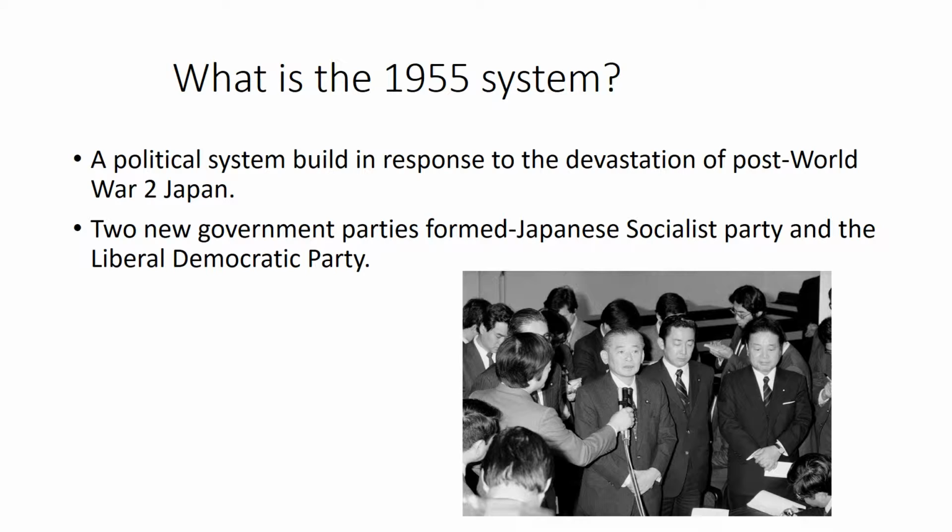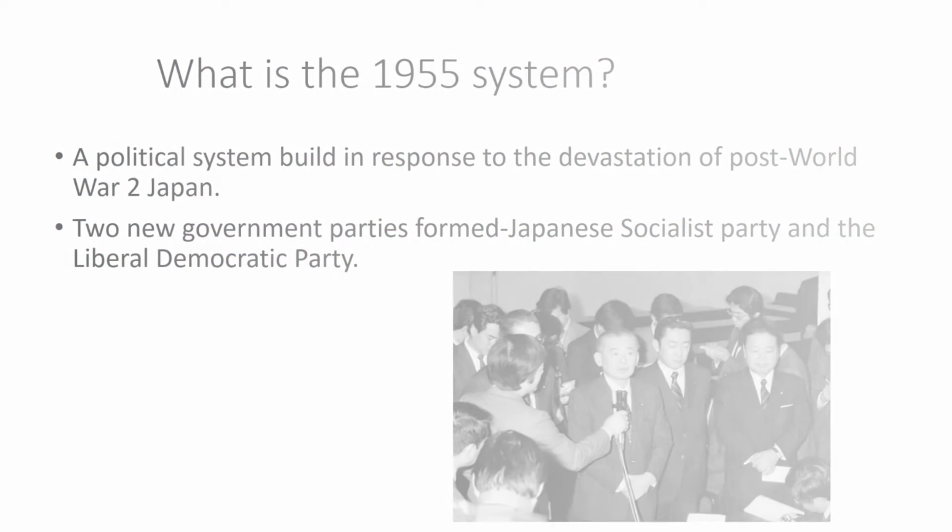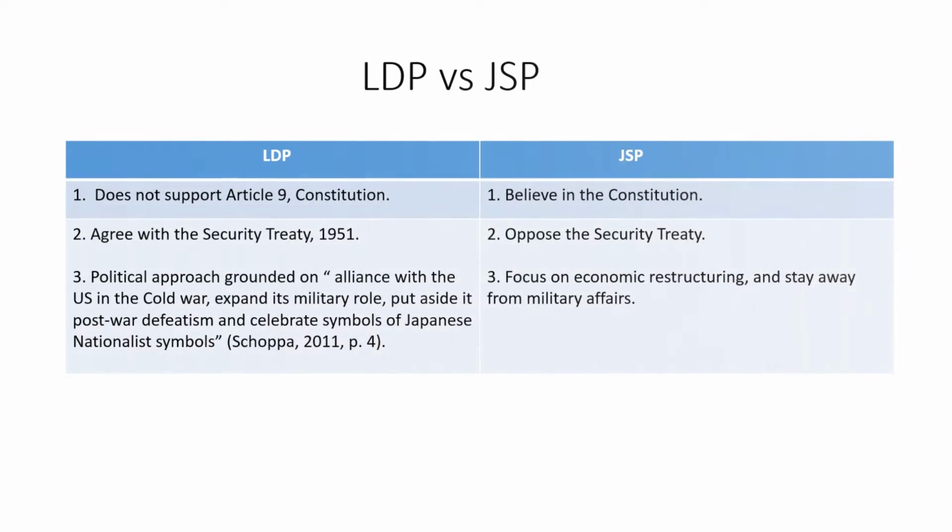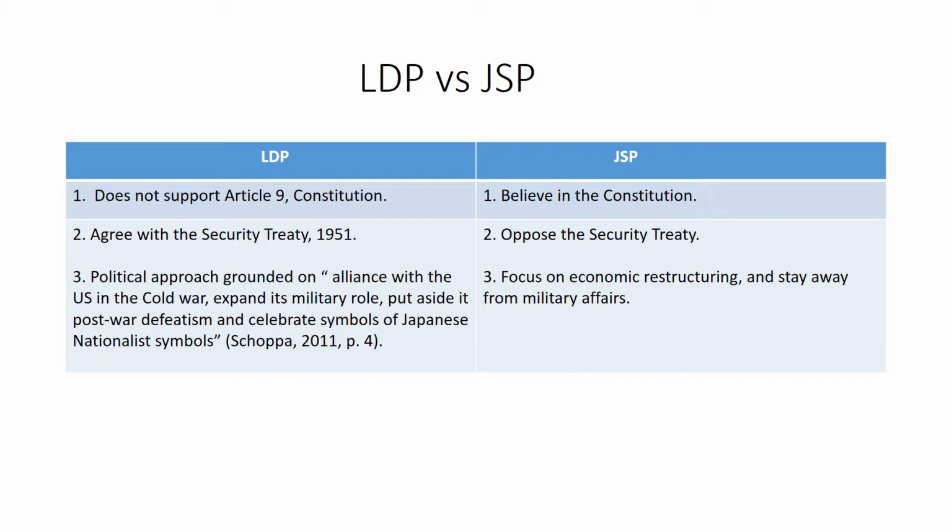Leonard Chopper stated that both parties had a distinctive political approach when it came to the Article 9 Constitution. Democratization of Japan by the US occupation in 1946, and later the development of the 1951 treaty in the midst of US-Soviet tension.